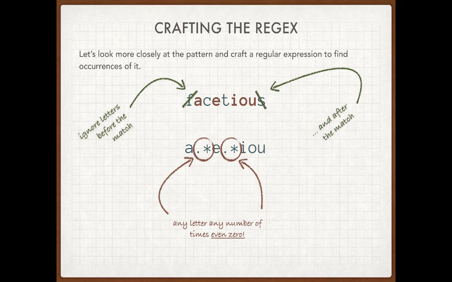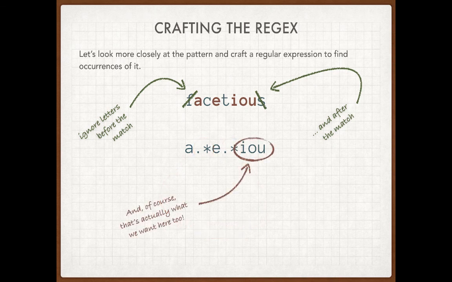So a better representation here would be any letter, any number of times, even 0. The star is a better meta character for me here than the plus sign, because any letter 0 times matches that IOU pattern in facetious.